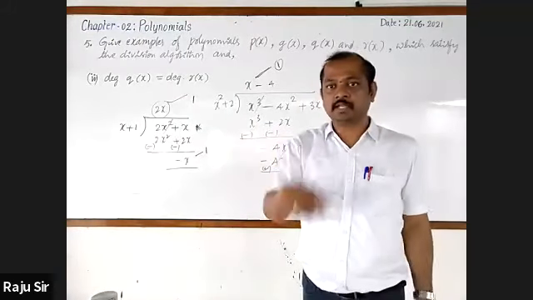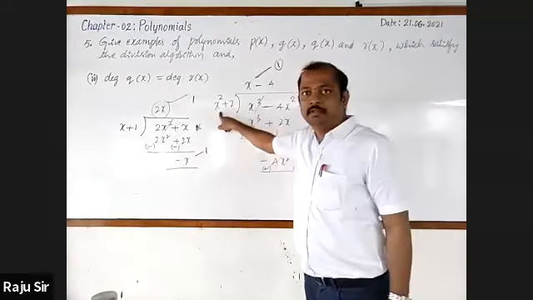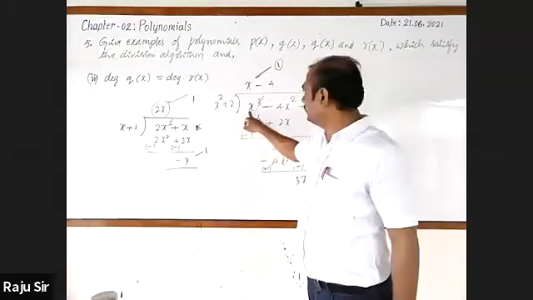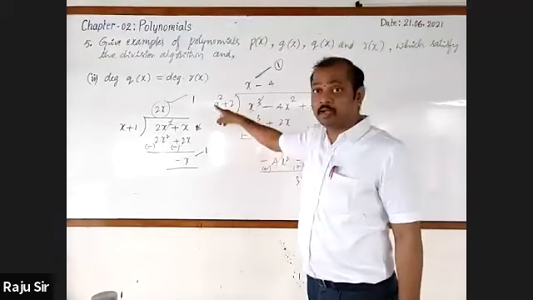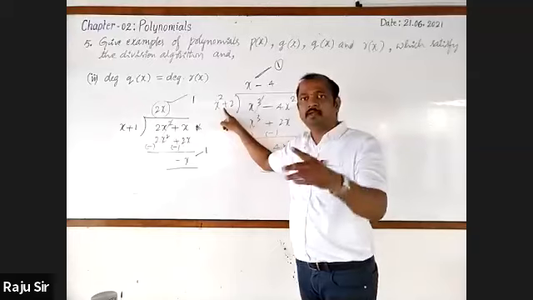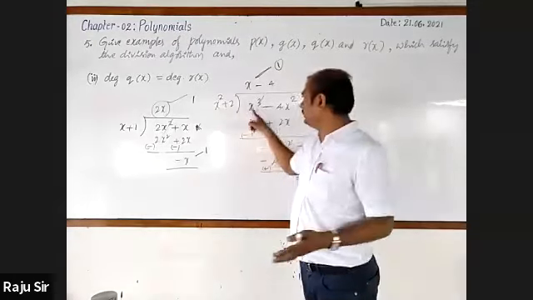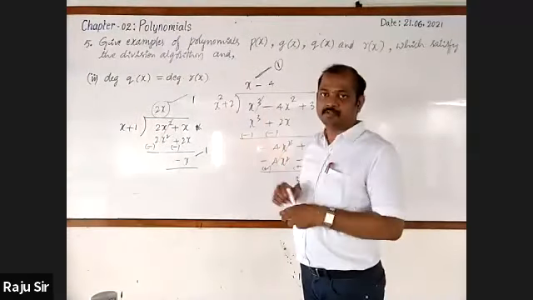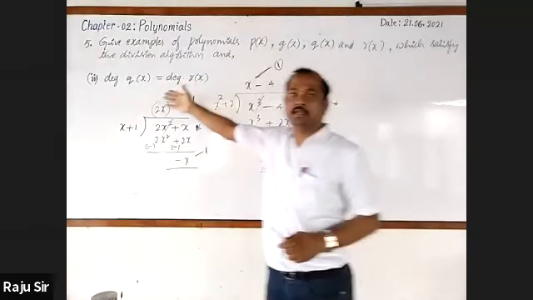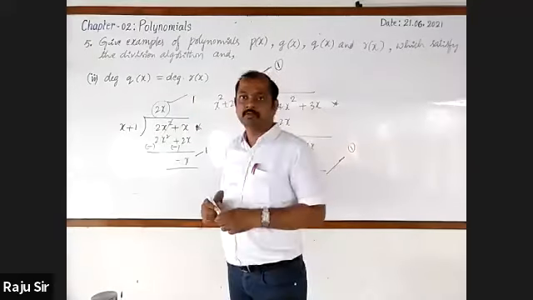First thing. Second thing is the degree of g of x should be less than the degree of p of x by 1. If these two conditions are good, then this condition can be satisfied.